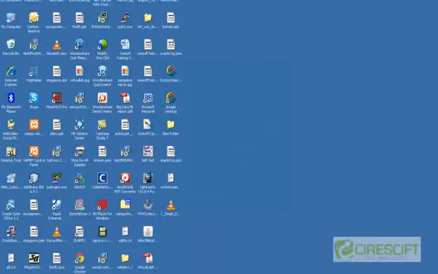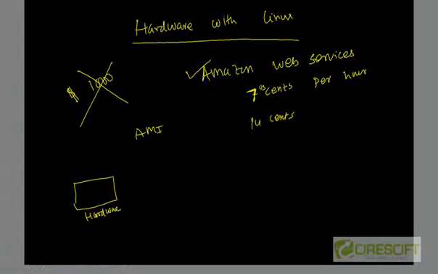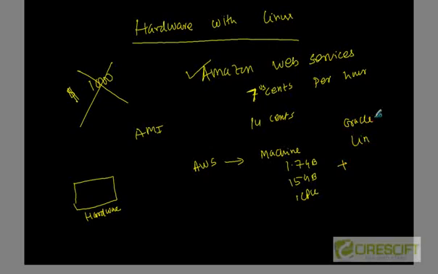So it takes some time because it's not yet ready. Okay, so let me just explain what I did. I went to AWS and I got a machine with 1.7 gigabytes of memory, a 15 GB hard drive and one CPU, with Oracle Linux 5 installed.